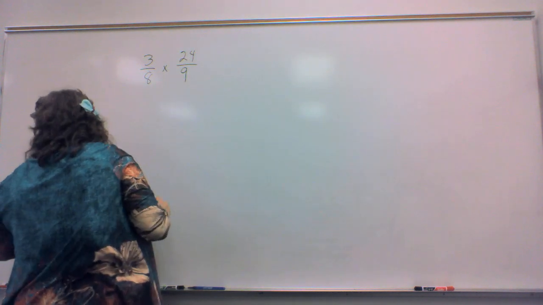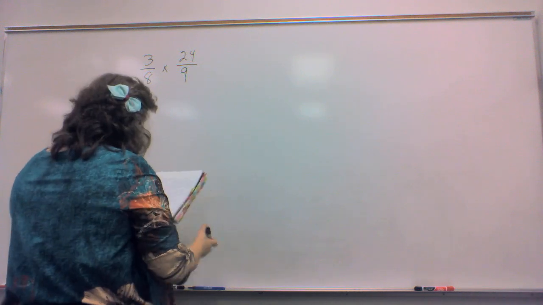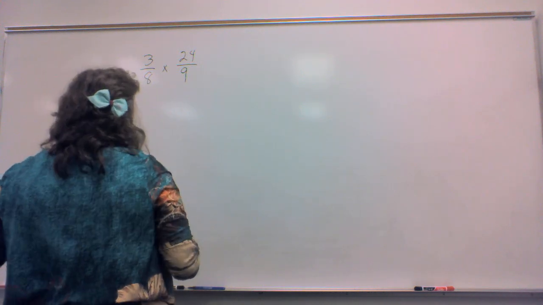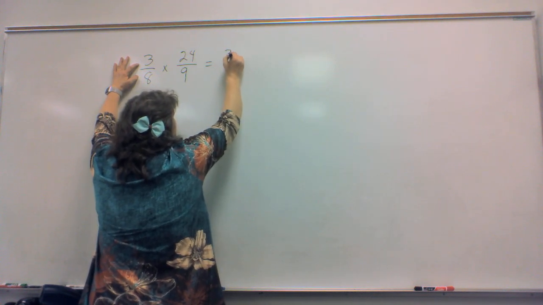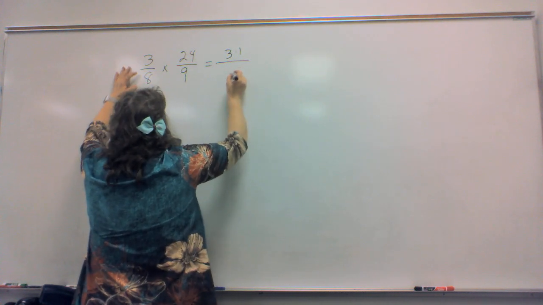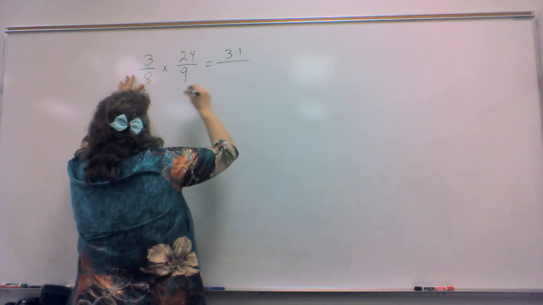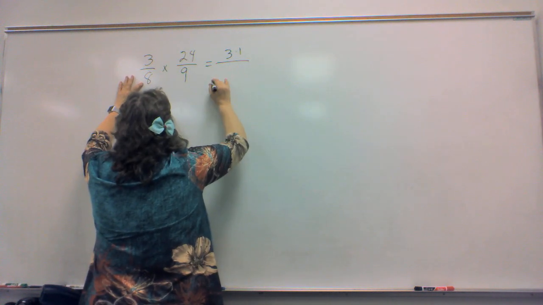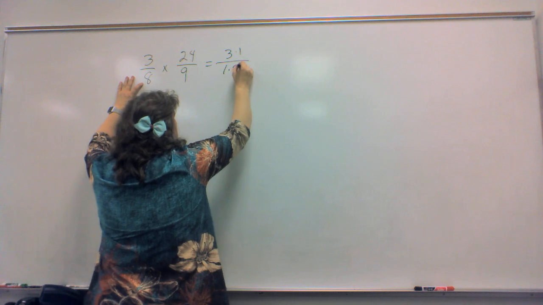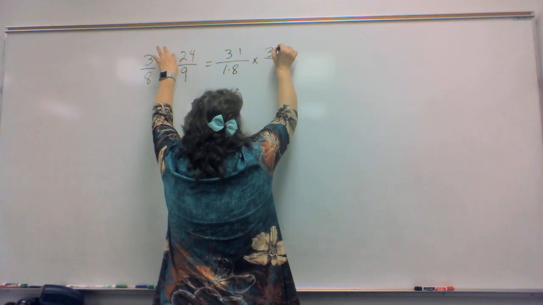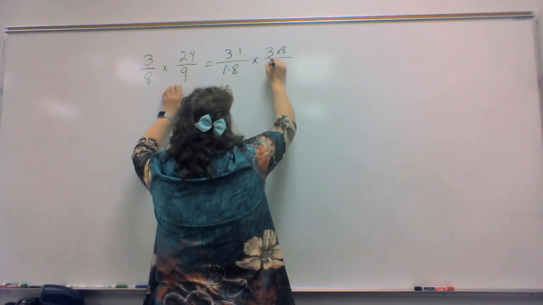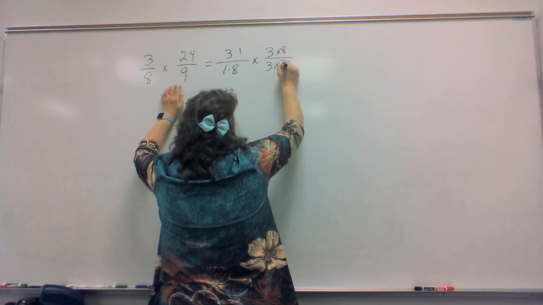So what are we going to do? Well, we're going to factor. The first one is going to be left with 3 times 1 over 1 times 8, times this one, which is going to be 3 times 8 over 3 times 3.